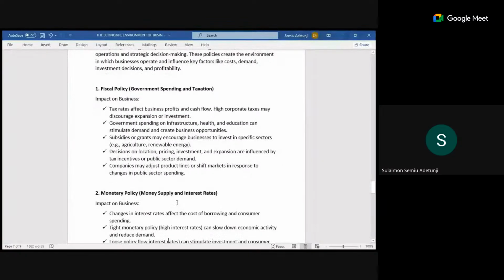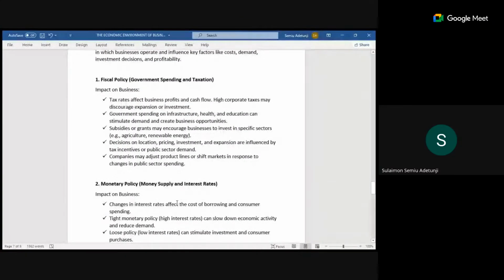Then you need to look out for the kind of business you want to go into. Is it a kind of business that has government subsidies? Is it a kind of business that can give you a grant from government? You need to direct your investment towards a particular sector. Decisions on location, pricing, investment, and expansion are influenced by tax incentives.